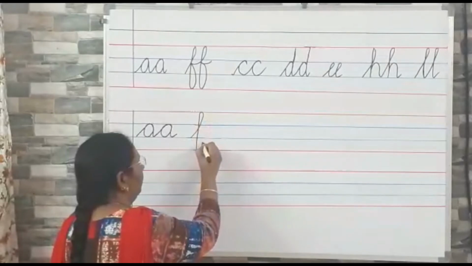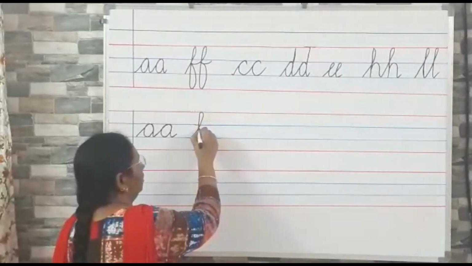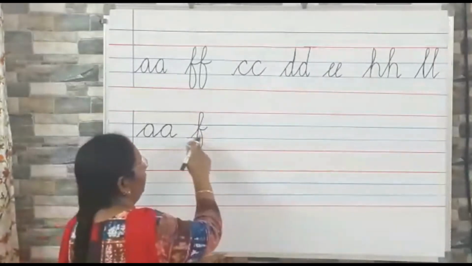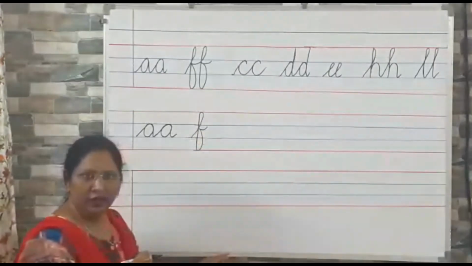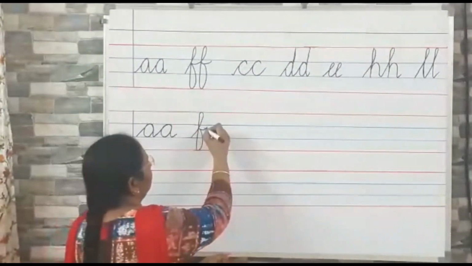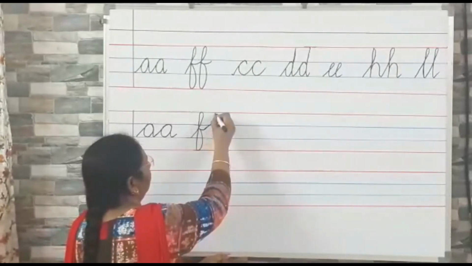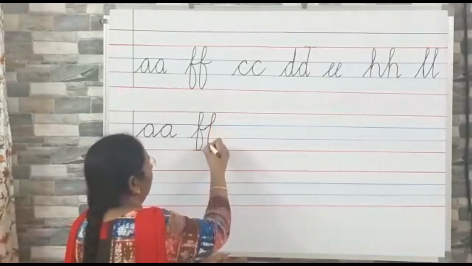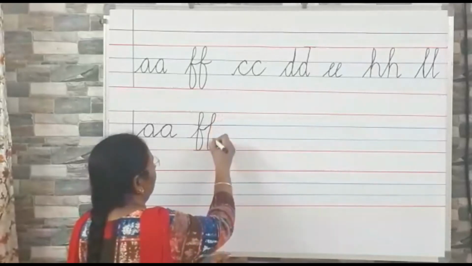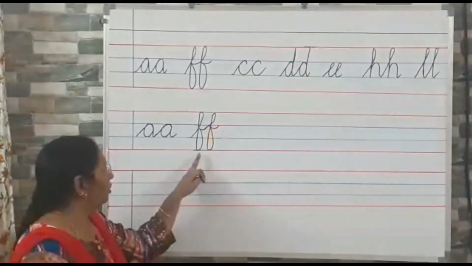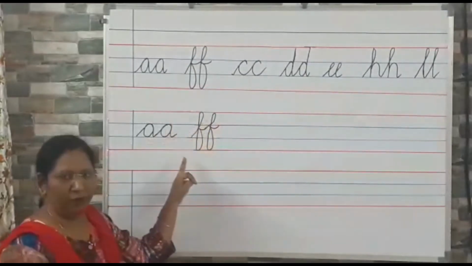Again go up and join here and a tail. When we write in cursive writing, we need to write 2 letters or 3 letters together. For that, you have to start again from here. Come down, touch the lines and a loop. Every time, children, you have to touch the lines properly.